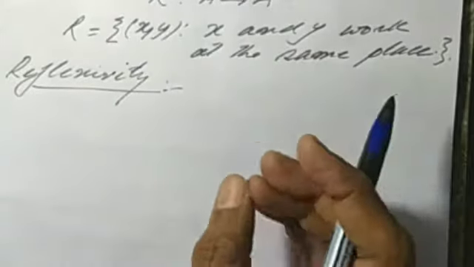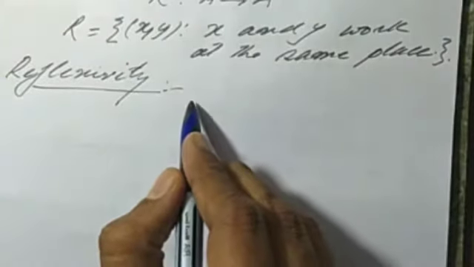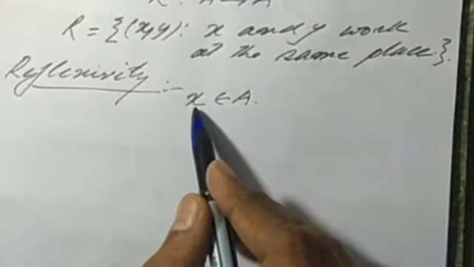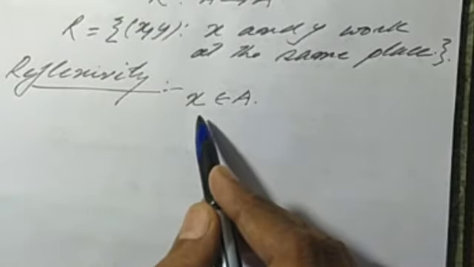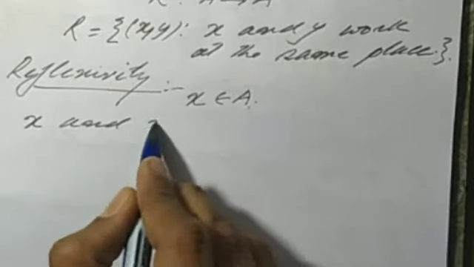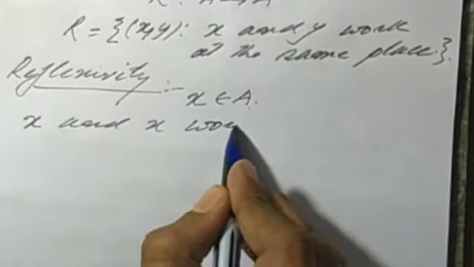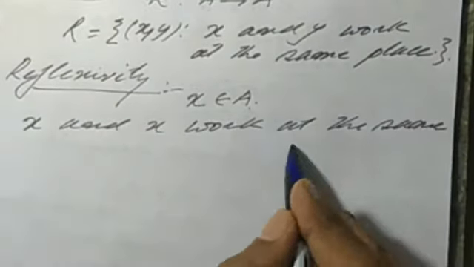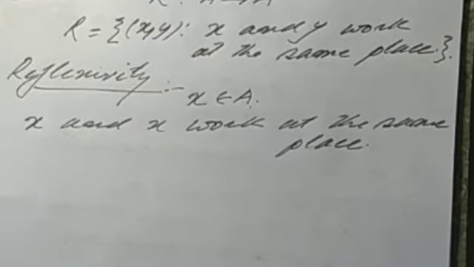So let us take an arbitrary element out of the domain, x belongs to A. We may say that x is a person in the town A. So if we write the statement, x and x work at the same place, then this statement must be true because everyone works where he works.